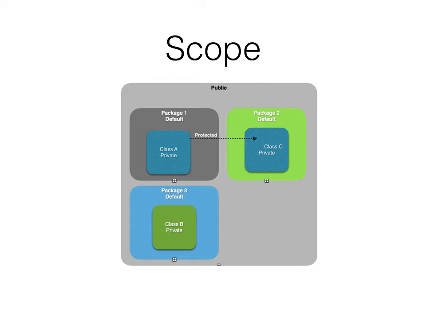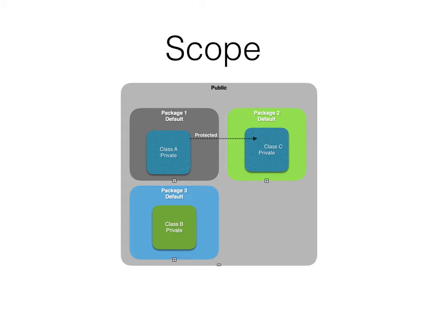So if something is marked as default in package 1, it cannot be accessed by package 2 or 3. In the same way, a class cannot access the content of other packages if it is marked as default. The third one is private.